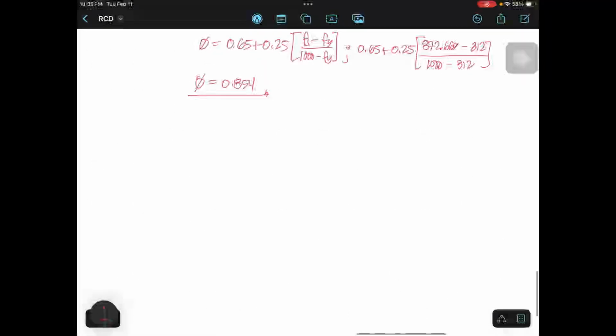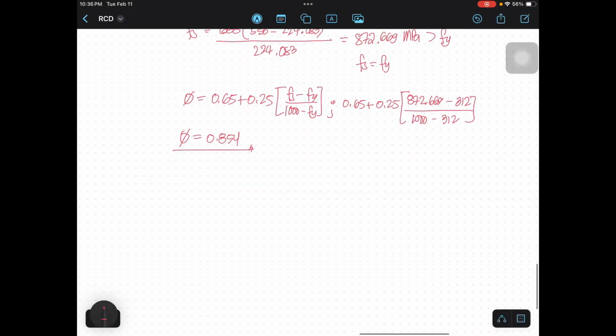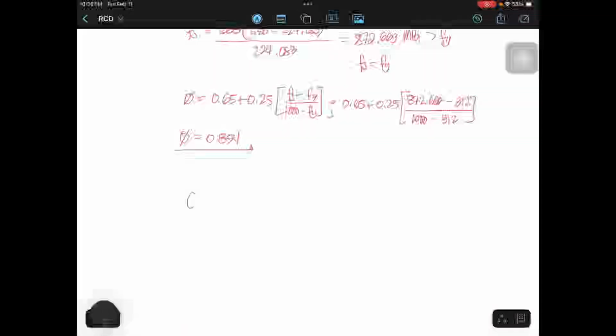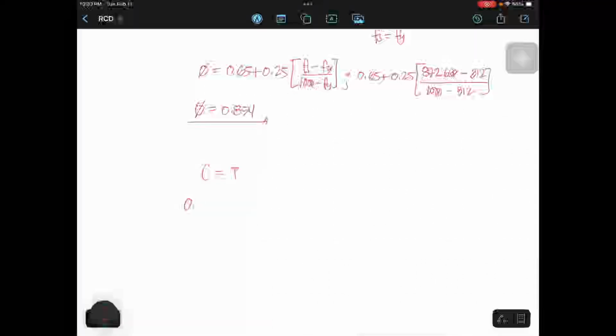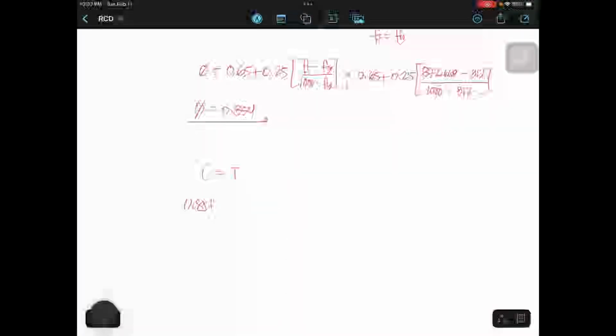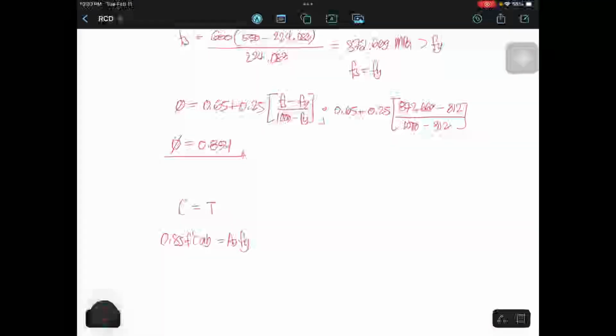Next, after we compute the different variables needed, we can now equate compression to tension, or 0.85 F prime c Ab over As Fy. We used Fy here due to this type of condition.